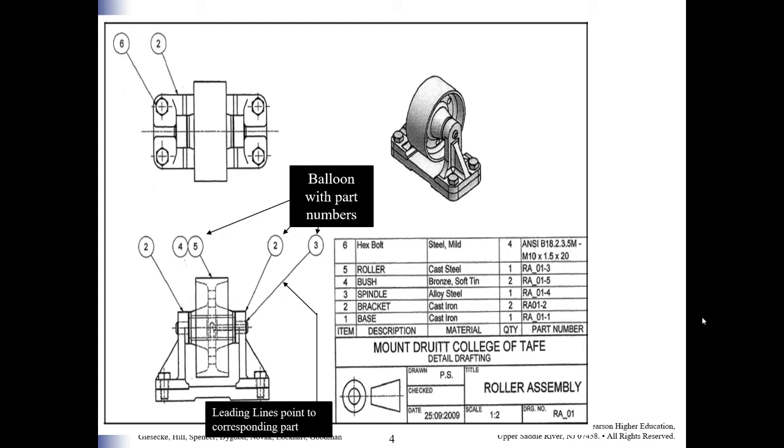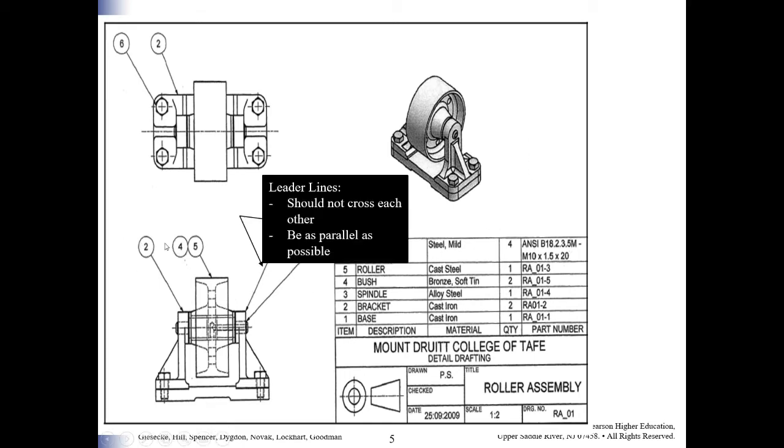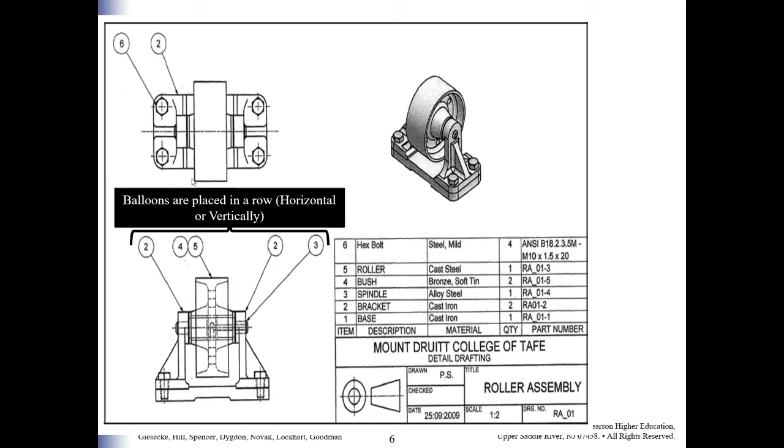Related to the right side, you can see the bill of material as well as the balloon with the part number. The balloons with the number have a leader line, and the leader lines should always be as parallel as possible and not cross each other. The balloons are placed either in a horizontal or in a vertical direction.